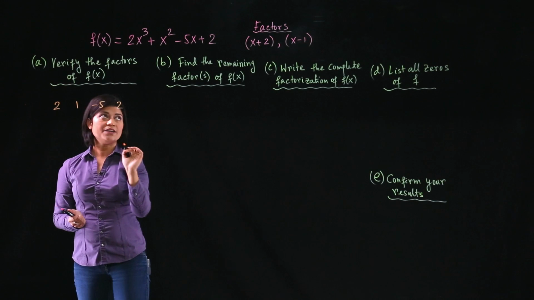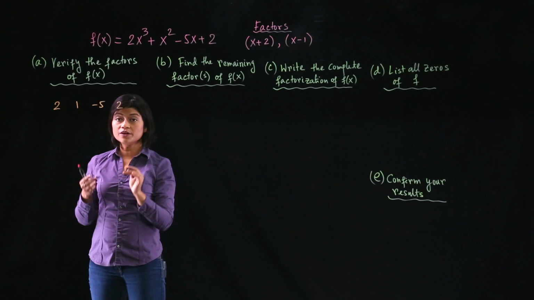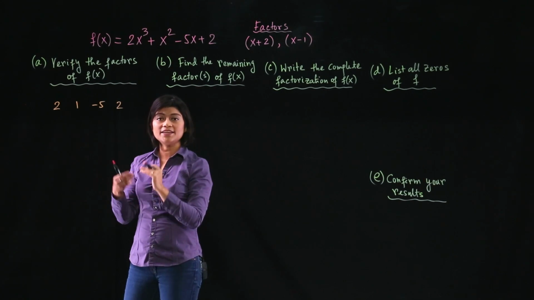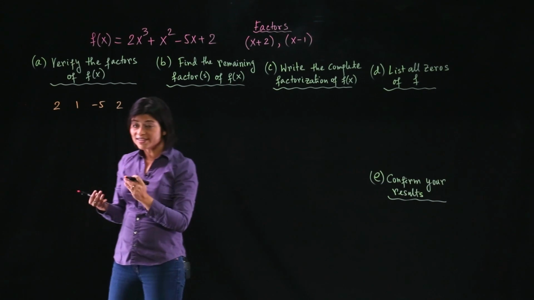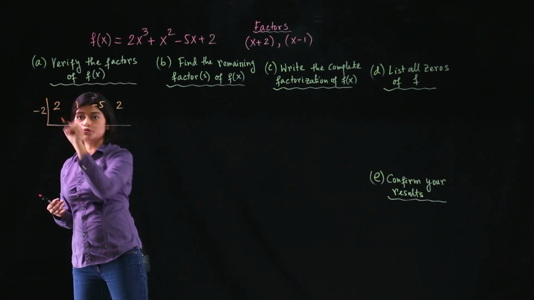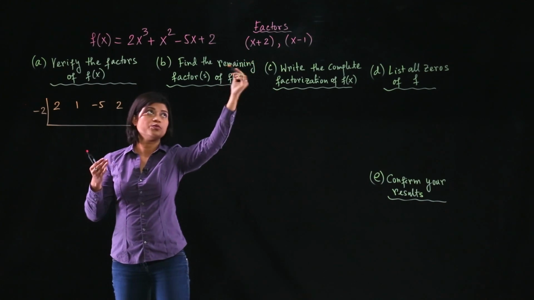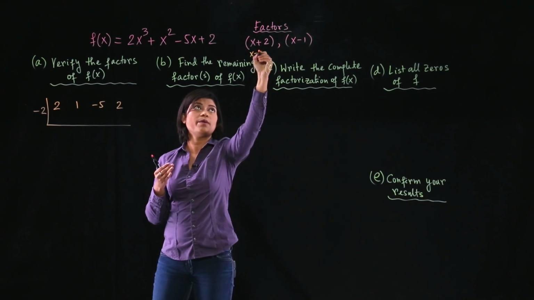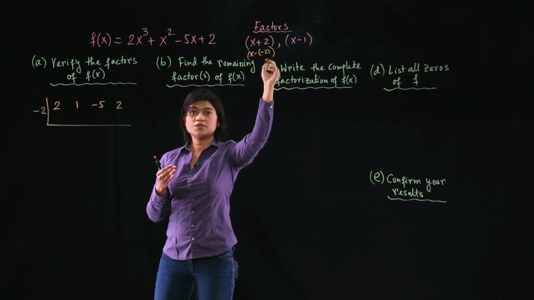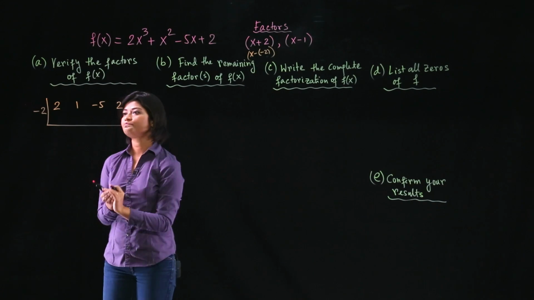Now we want to verify if x plus 2 is a factor, which means we want to verify if negative 2 is actually a 0. You have to use negative 2, not positive 2, because when we have x plus 2, we want to rewrite it as x minus negative 2, and we want to write it as x minus c, where c has to be a 0.